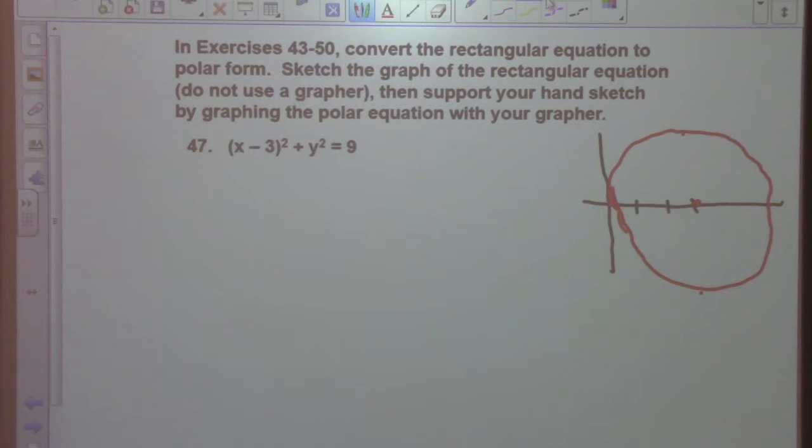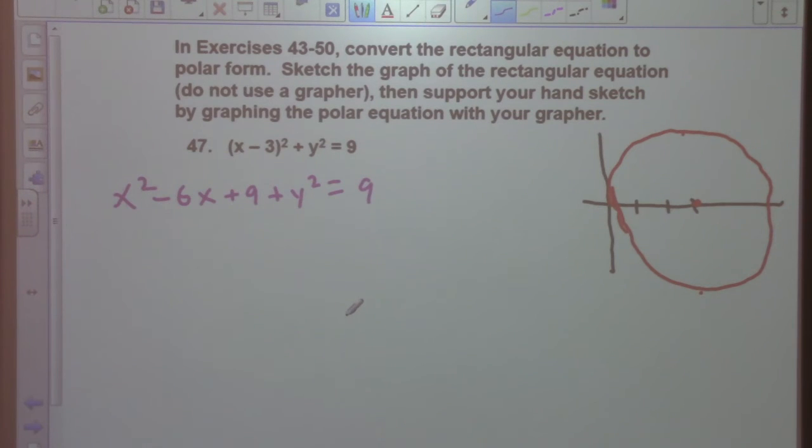So the first thing to do is expand this out. Well, we did binomial expansion toward the end of the first semester, and this one here is going to be x squared, and then we're going to have 2 times these first and last terms, so it's going to be minus 6x, and we have plus 9, negative 3 times negative 3, plus y squared is equal to 9.